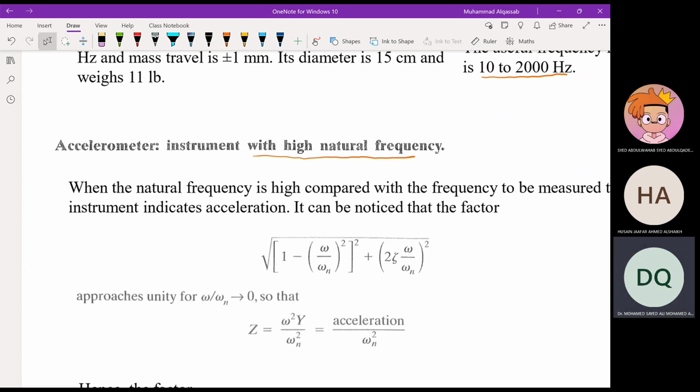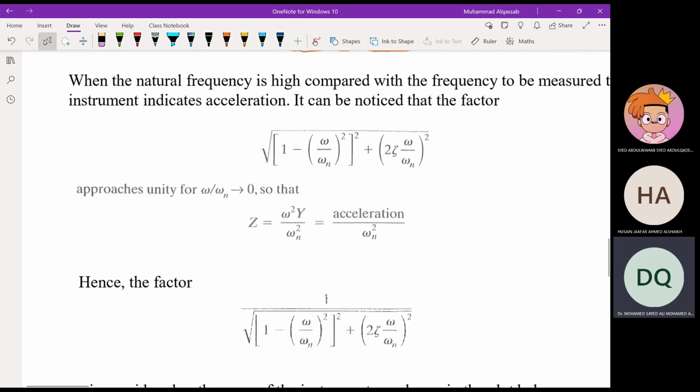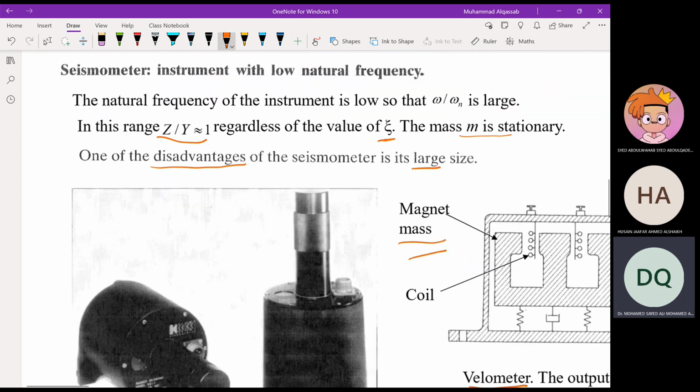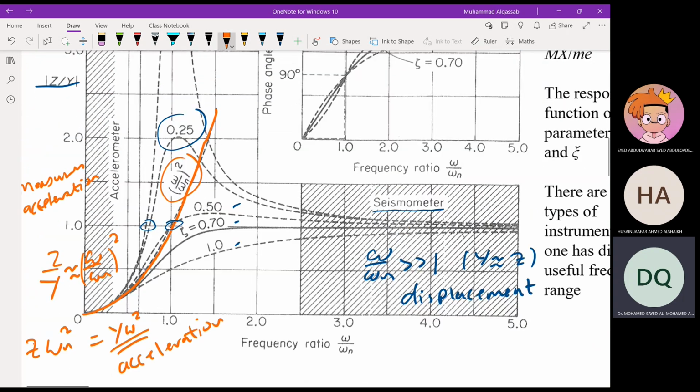So the error factor reduces to omega over omega n squared. So z is going to be equal to omega squared y over omega n squared, because as omega over omega n goes to 0, all the curves behave as omega over omega n squared, as you can see from this graph.